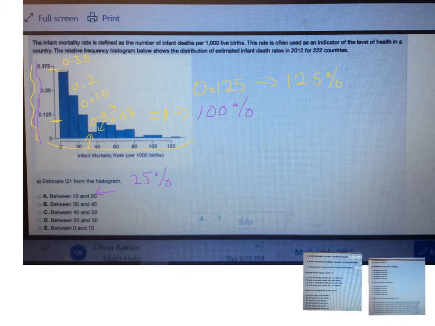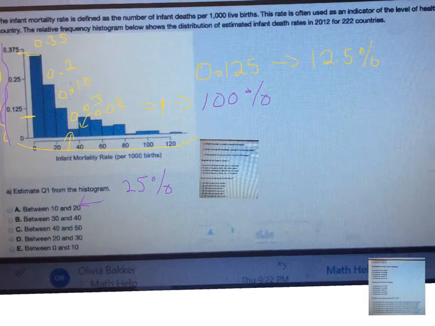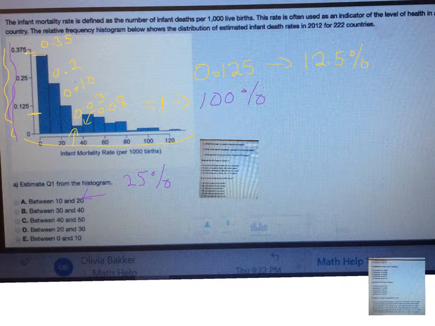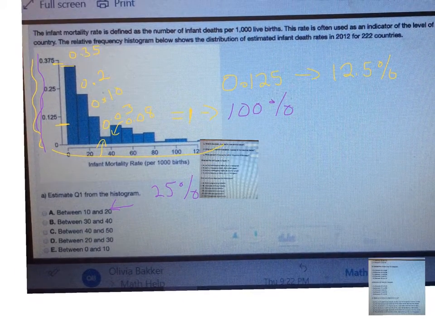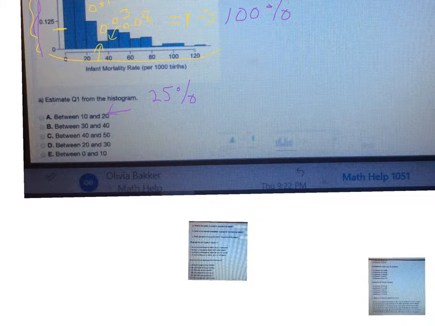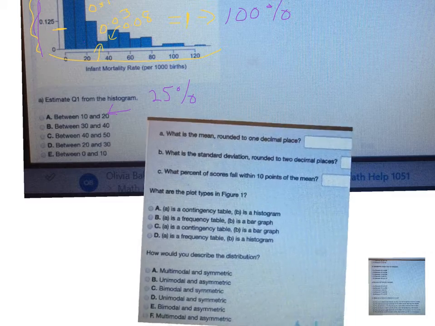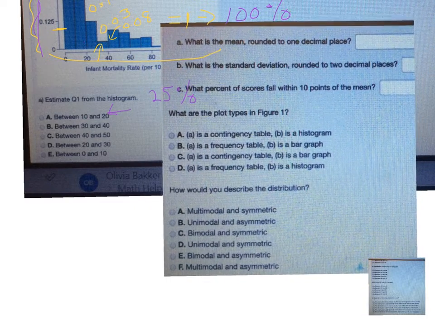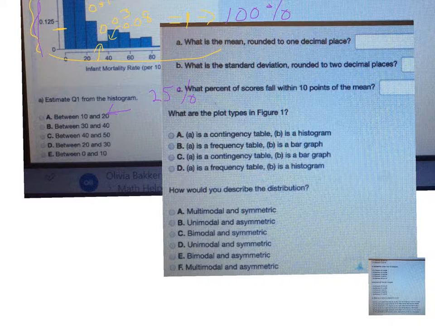And I'm just going to bring up the other questions here. Oh, wrong one. Sorry. Here we go. Okay, here's your second set of questions. The mean rounded to 1 decimal place.